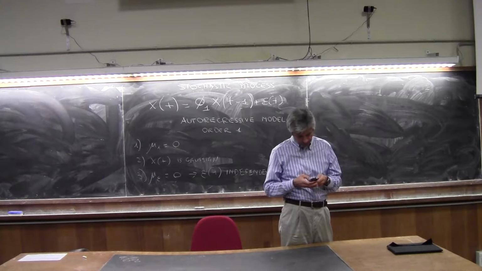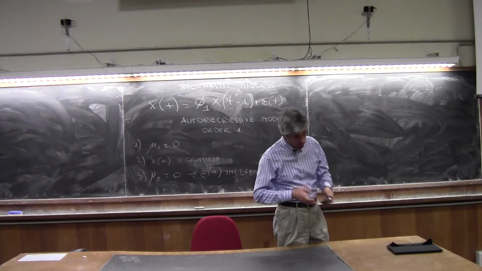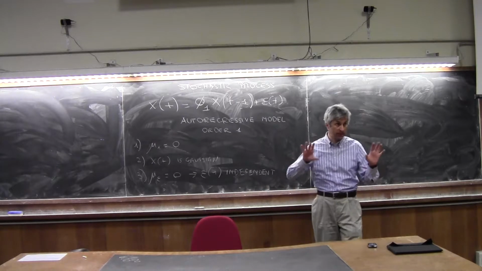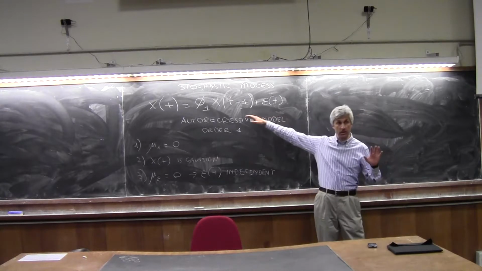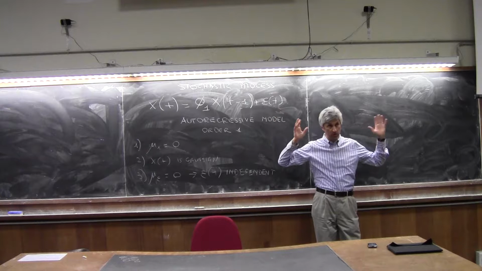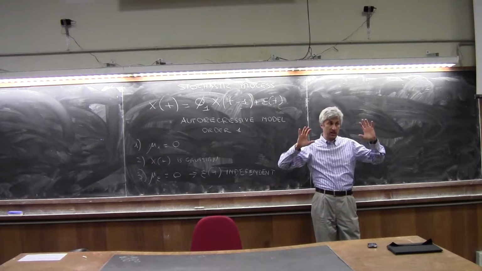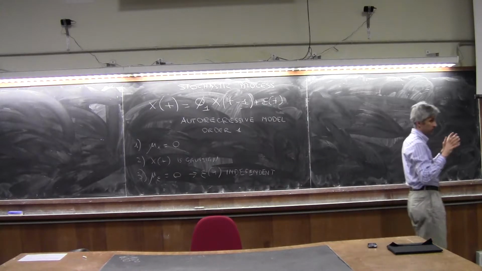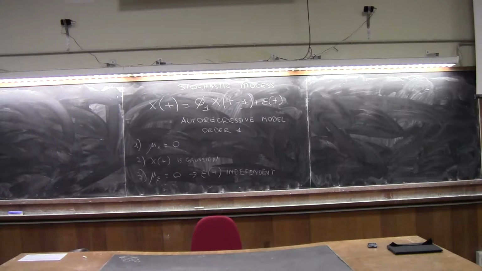And I also said that we model this dependence through this linear relationship, which is very simple. So we devise a very simple relationship, which is linear, to take dependency into account.